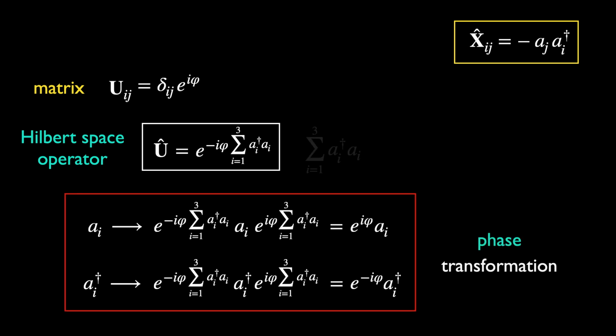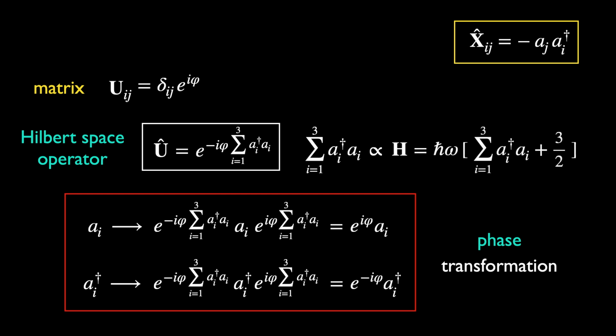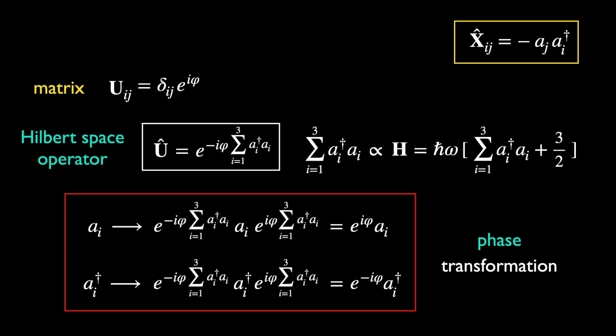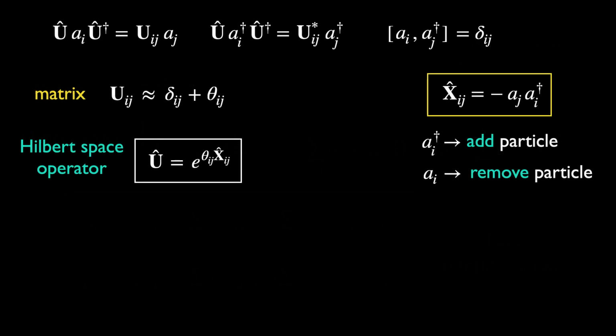Thus we see that the generator for a phase transformation is proportional to the Hamiltonian up to a constant term. This term is irrelevant as it just cancels with its complex conjugate in the transformation. Now let's locate the SU3 multiplets in this model.